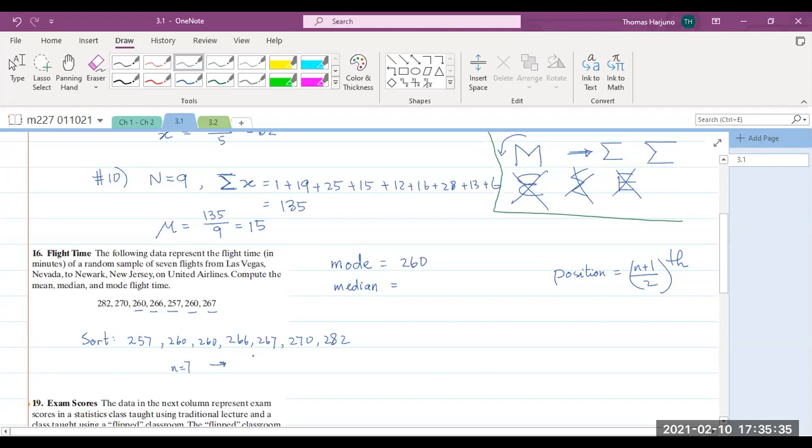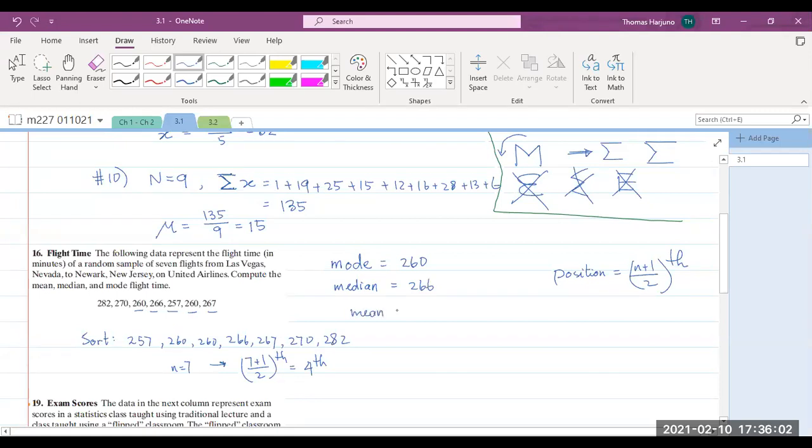So the median is at the (n plus 1) over 2, that's the 4th data. What is data number 4? 1, 2, 3, 4. This is data number 4, right? So the median is 266.